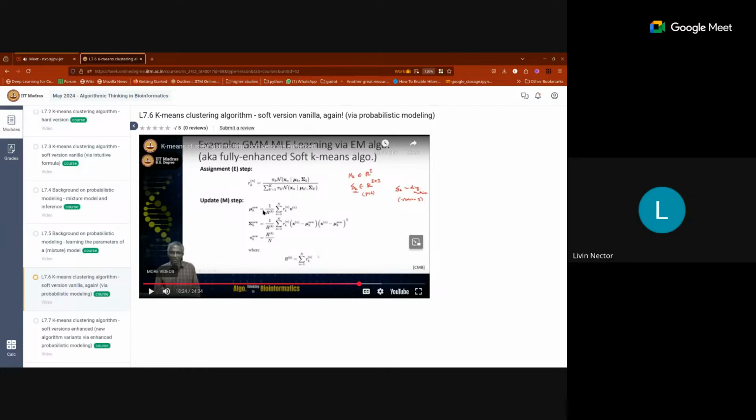In the update step, if you look at these equations, they are nothing other than a weighted mean. Here x is the value, so you can think of it as an expectation of x with these probabilities. The responsibilities look like probabilities. So we take the weighted average.